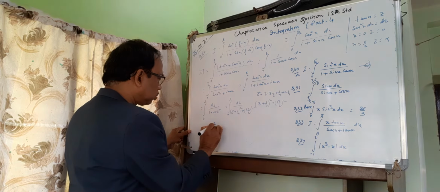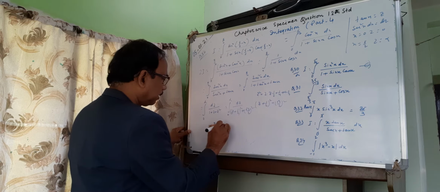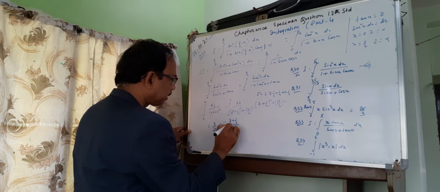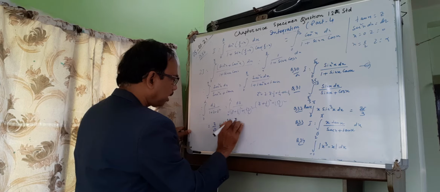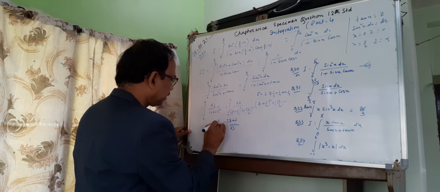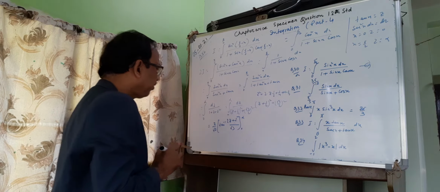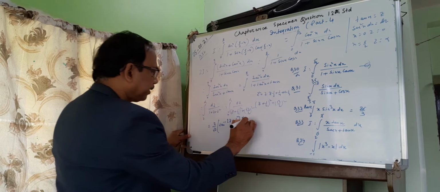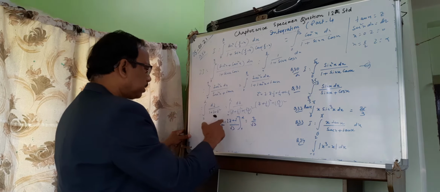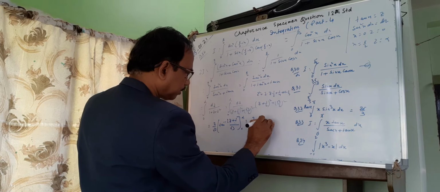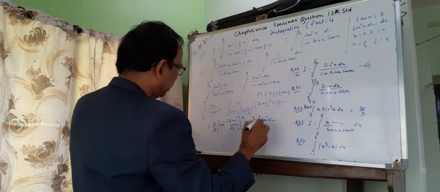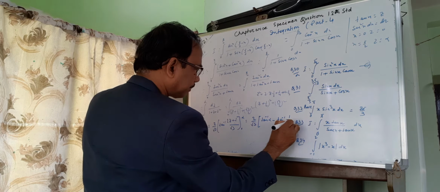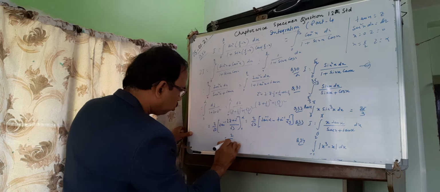That is 1 by a means 2 by root 3 tan inverse x by a, that is z plus half by root 3 by 2, we can write 2z plus 1 by root 3, taking limit 0 to infinity. 2 cancels, so 2 by root 3 tan inverse infinity minus tan inverse of 1 by root 3, that is 2 by root 3.